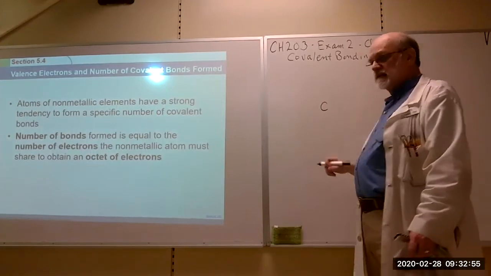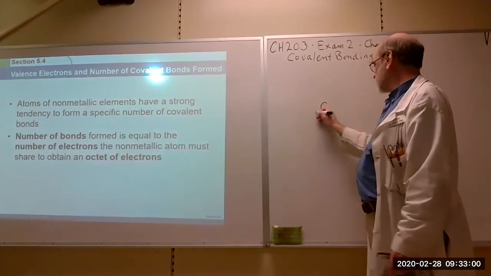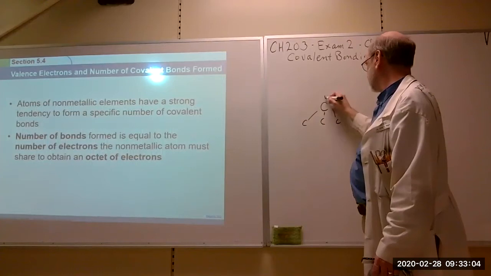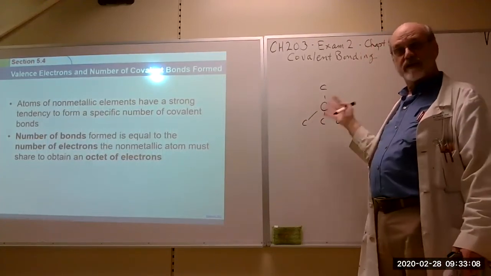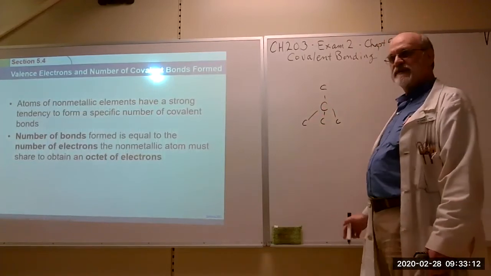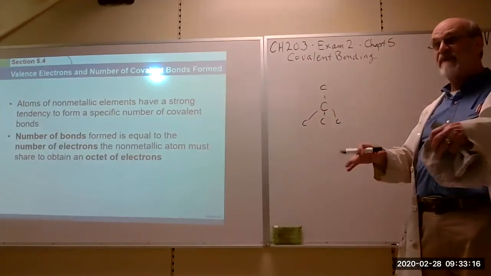So if we bond carbon to carbon, and then it just keeps going on forever. So what do we have there? Diamond. Diamond is a tetrahedral network of carbon atoms. So it's like one massive molecule.